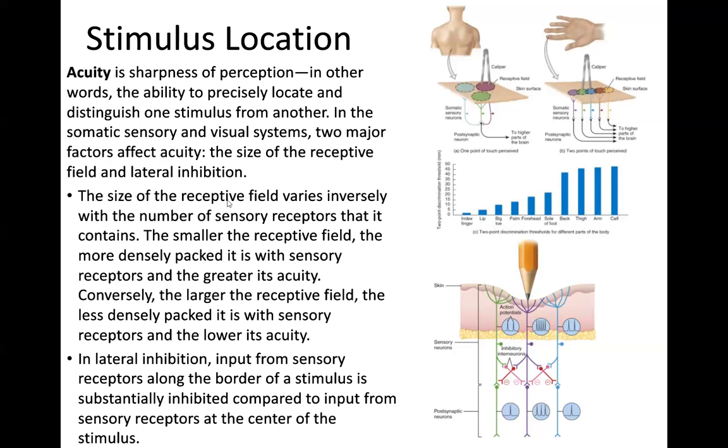The size of the receptive field, so how big the receptive field is, varies inversely with the number of sensory receptors that it contains. If something is inversely related, it means if one goes up, the other one goes down. So in other words, the bigger the receptive field, the fewer the number of receptors in that area.